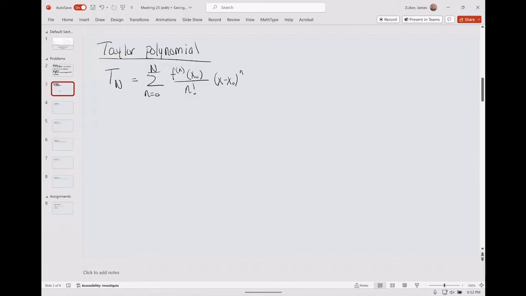The nth degree Taylor polynomial is just the nth partial sum of the Taylor series. Some books cover them separately. I don't, because they're the same thing. A Taylor polynomial is just a partial sum, so might as well cover them together.